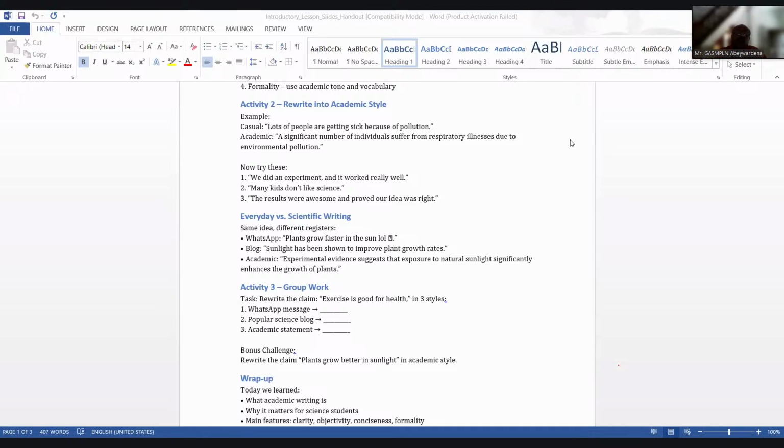The results were awesome. Awesome means attractive, and proved our idea was right. Awesome is a word that is used in casual language. What is the word we can use in place of awesome? Positive?